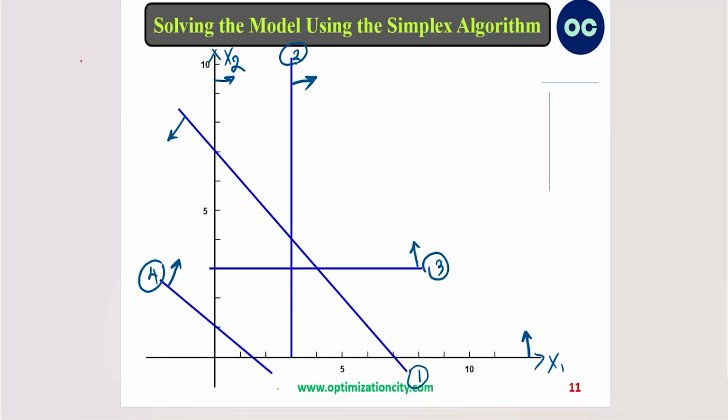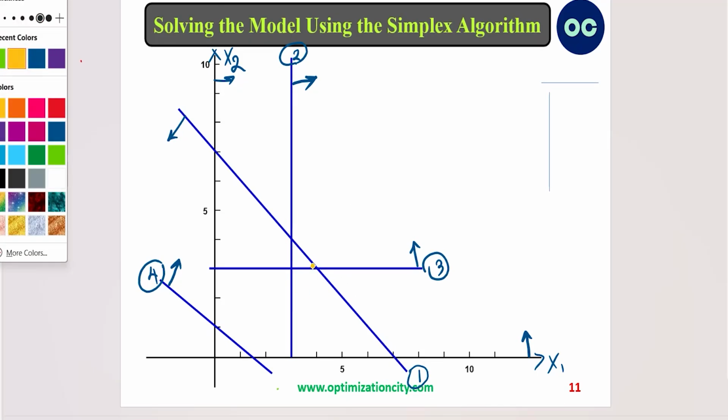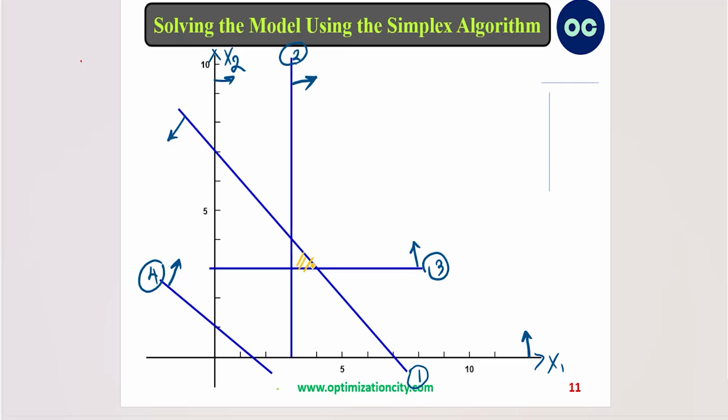So what is the feasible region in this case? We can see that this triangle would be the feasible region. To find the optimal solution, we evaluate 2 points of the objective function.